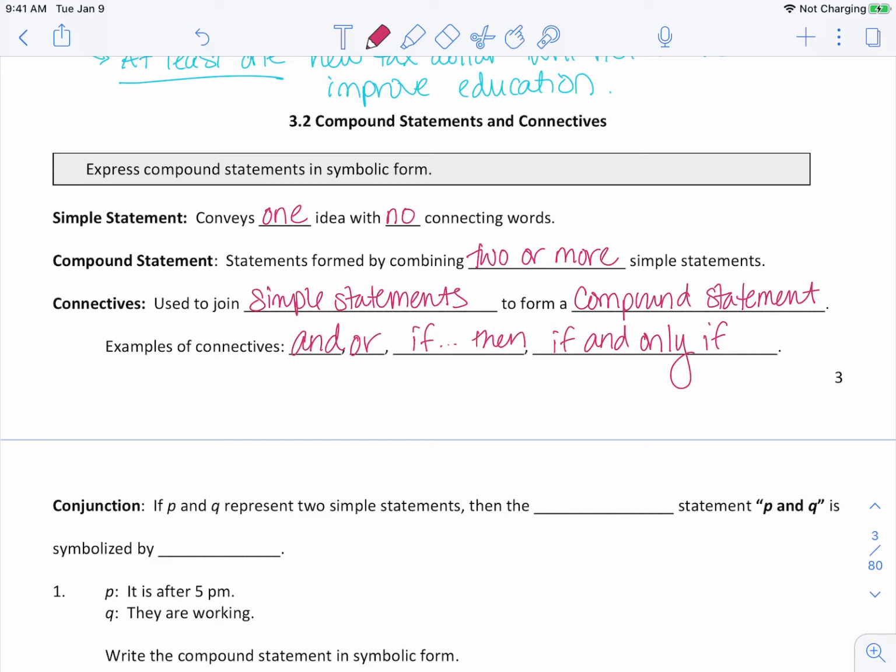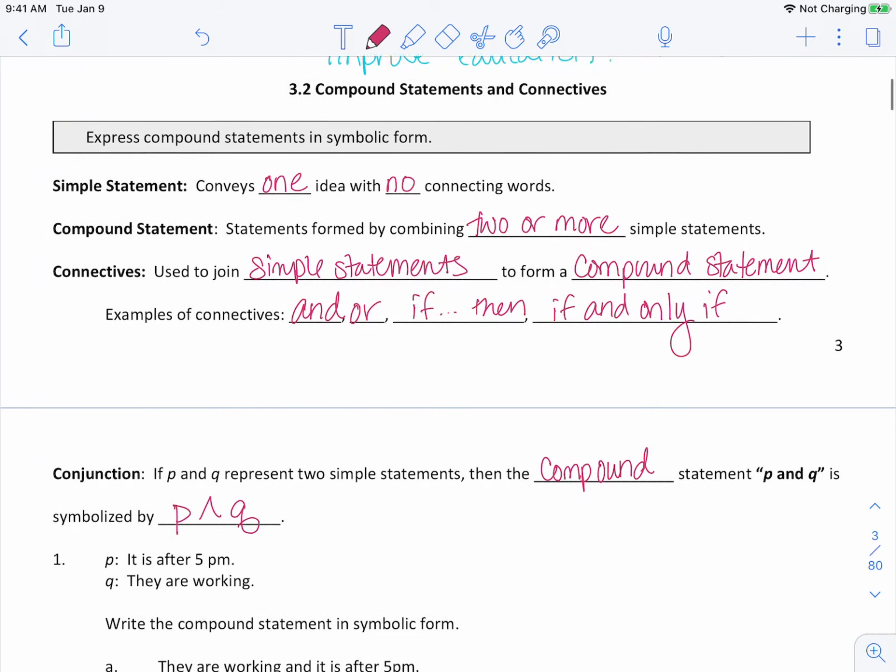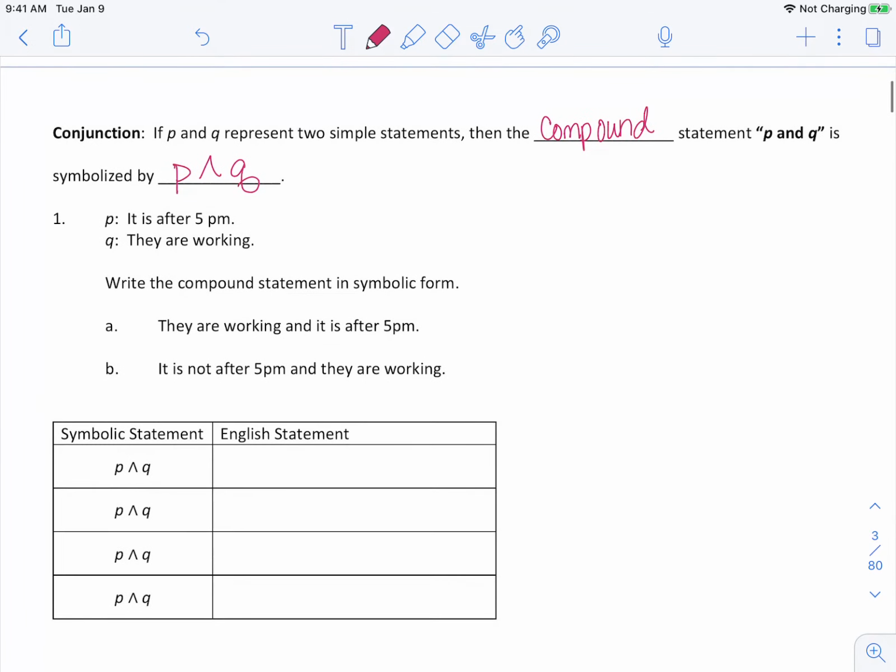Okay. Next we have a conjunction. And a conjunction, this is if P and Q represent two simple statements, then the compound statement P and Q is symbolized by P and then it's like an upside down V is the and symbol, Q. So again, a conjunction.